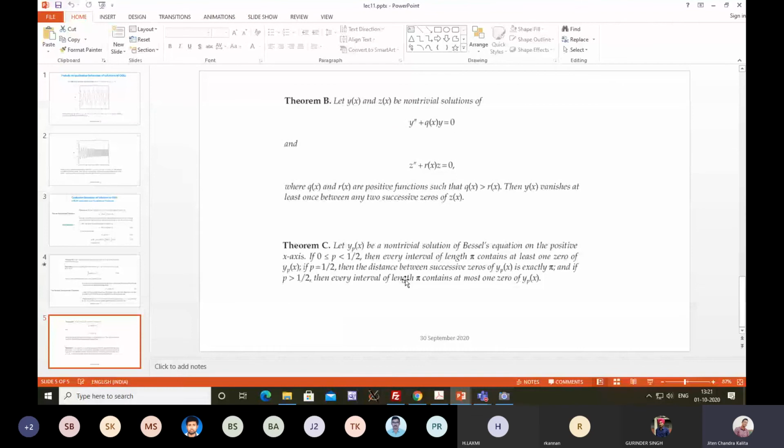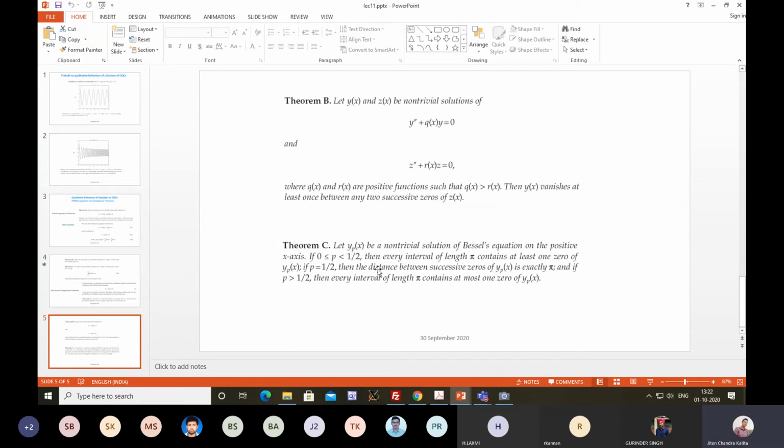So this theorem says: let y_p(x) be a non-trivial solution of Bessel's equation on the positive x-axis. If p lies between 0 and half, of course you can take the value of 0 as well, then every interval of length pi contains at least one zero of y_p(x).